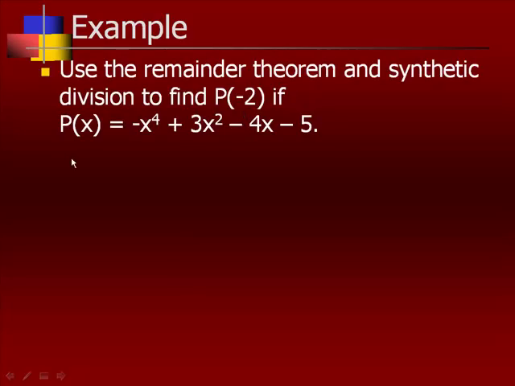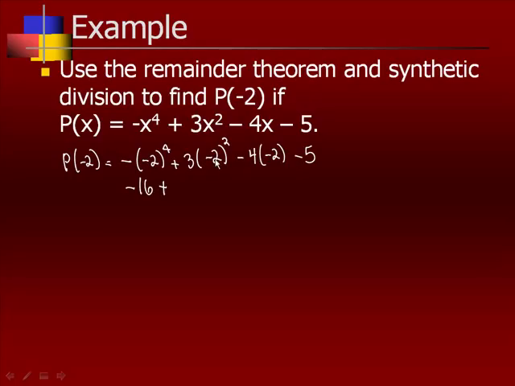So the remainder theorem says to find p of negative 2, to do it the regular way, we do negative 2 to the fourth plus 3 times negative 2 to the second minus 4 times negative 2 minus 5. Now this negative 2 to the fourth would be a positive 16, but the opposite out front, so that would be negative 16.